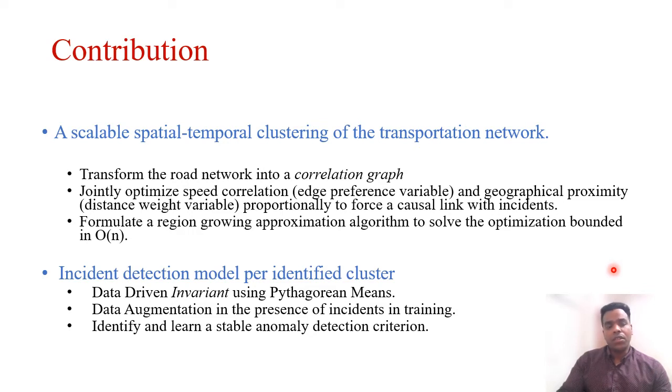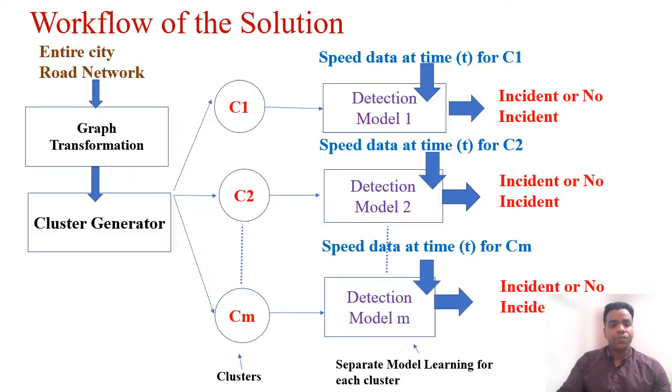First, a spatial temporal clustering that would help us get the invariant stabilized and also bring the causal link of the incident with the clustering process. And the second contribution is the incident detection model per identified cluster, which will help us detect the incident in a distributed manner.